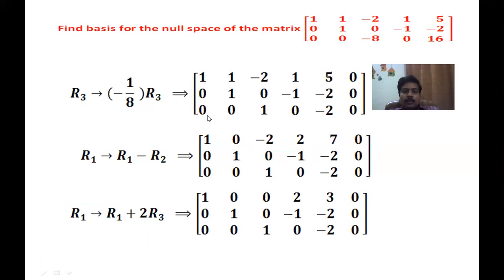So 1 plus 0 is 1, 0 plus 0 is 0, and minus 2 plus 2 is 0, 2 plus 0 is 2, here 7 plus minus 4 is 3, and 0. Remaining 2 rows are same. So now it is in reduced echelon form.